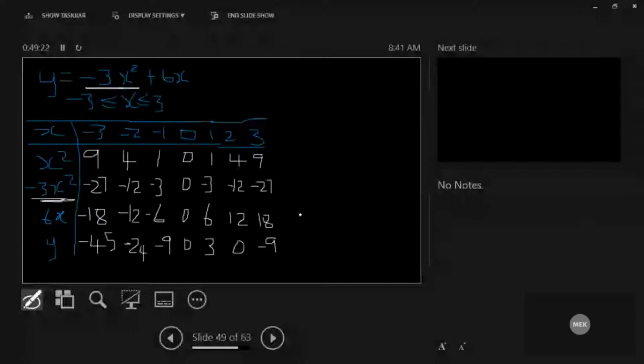So now we're going to plot. We have mainly negative values. The only positive value is 3, and it's not a big number. So we can draw our x-axis further up here to enable us to get our negative 45.